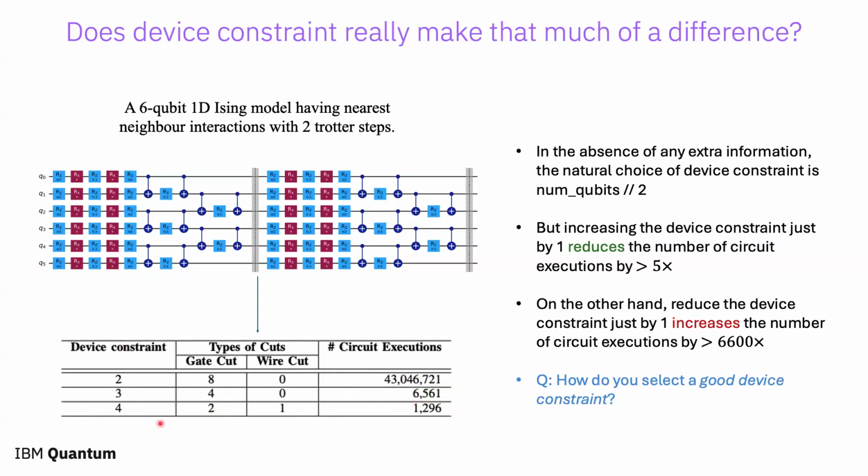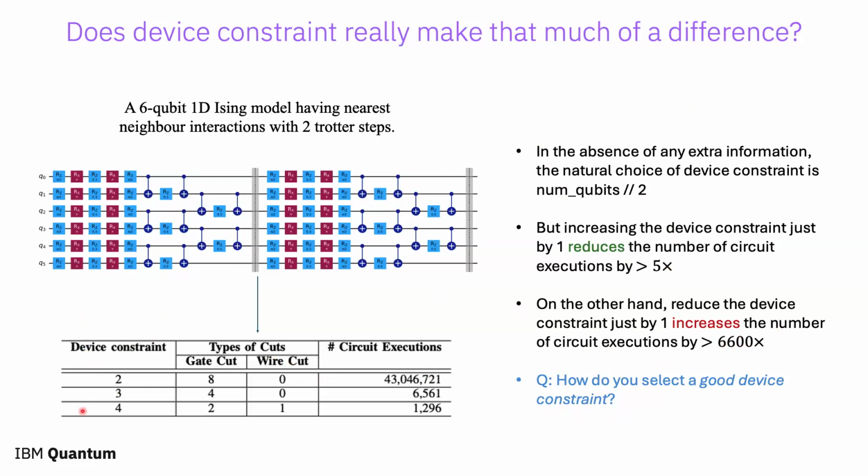And if you just reduce it by 1, if you make your device constraint 2, the number of executions increases by 6,600 times. So this question, how do you select a good device constraint? It's an important question. It's not a question that we are framing just for the sake of it, right? So beyond naive selection, like 3 as the device constraint is the naive selection, but doing 4 is better.